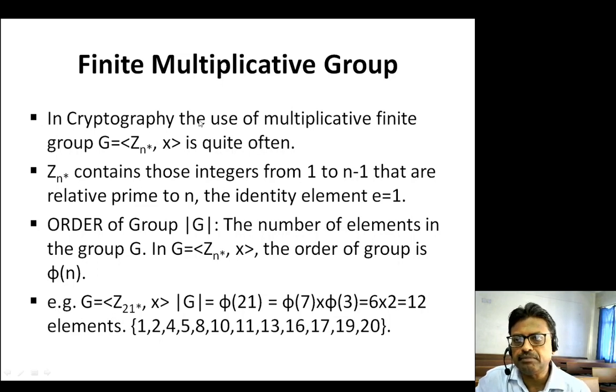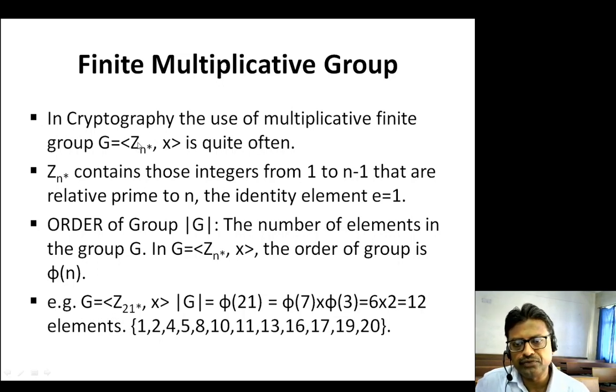So finite multiplicative group: we know there are certain groups which are multiplicative groups, and in cryptography, the multiplicative finite group is used quite often. This multiplicative finite group is represented as Zn star with multiplication, meaning thereby the set is Zn star. What is Zn star?